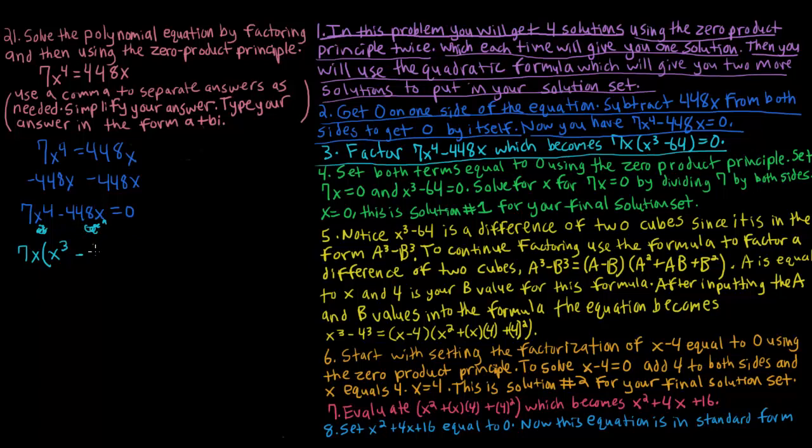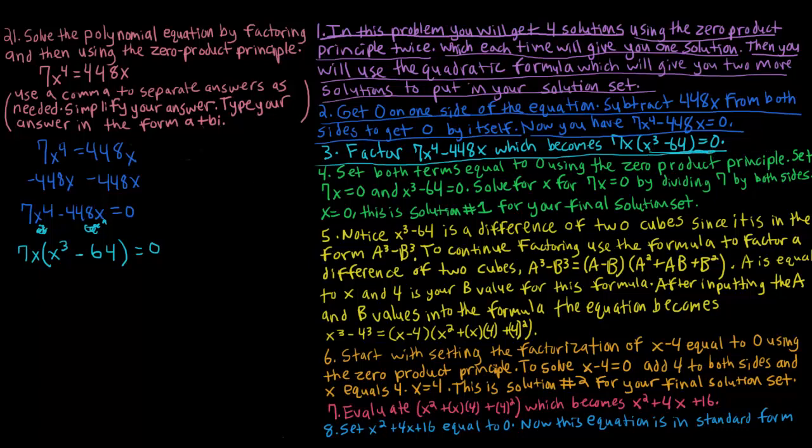So 6, and then we're left with 2, and then 8. 7 goes into 28 4 times. So 7x times negative 64 is negative 448x. So that's our factorization right there. 7x times x to the third minus 64 equals 0, and that's what we have right here.